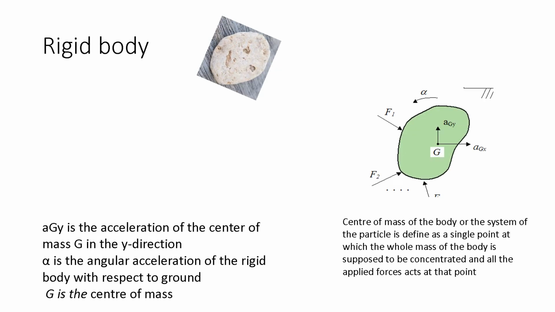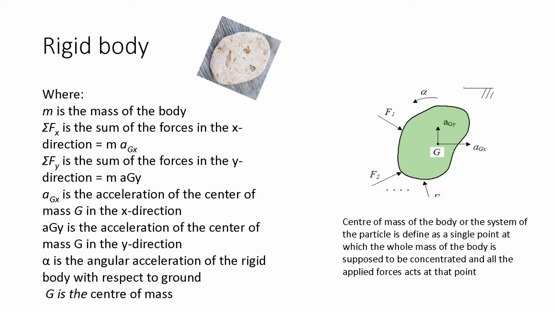Let us learn more about the rigid body. Here we'll consider the same diagram where the forces F1, F2, F3 are acting. Here the mass of the body is m.